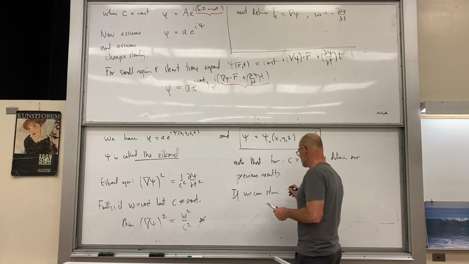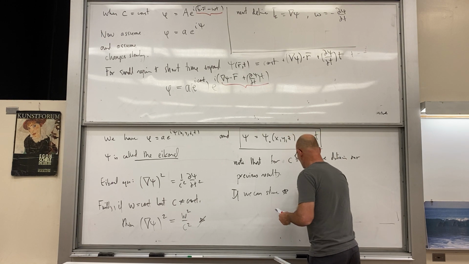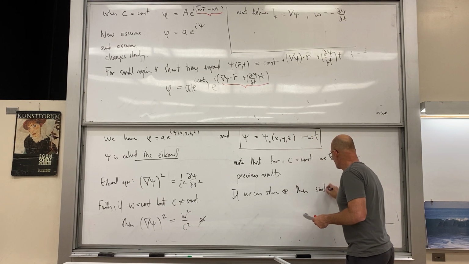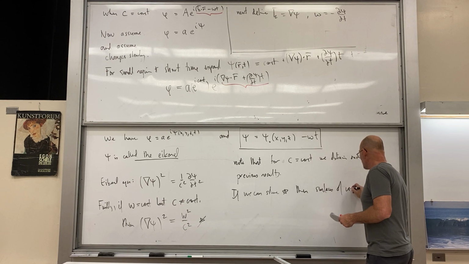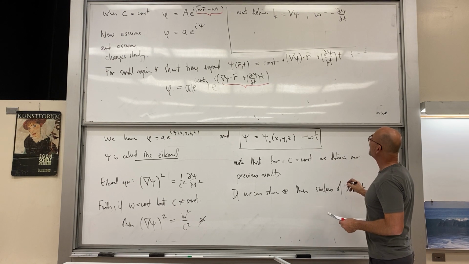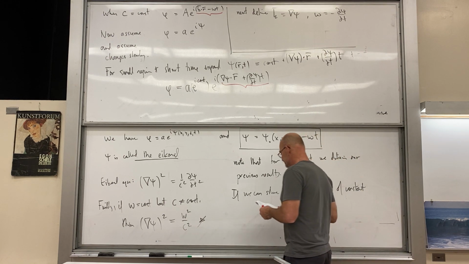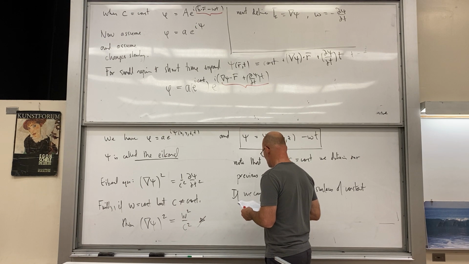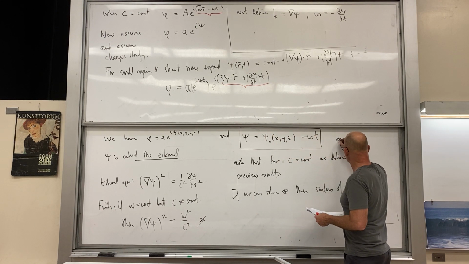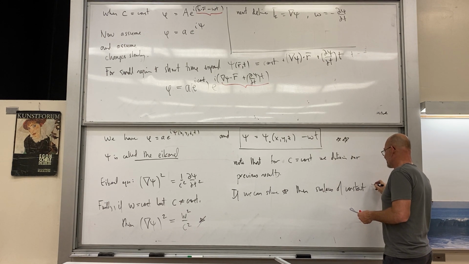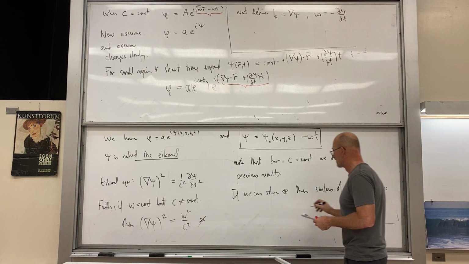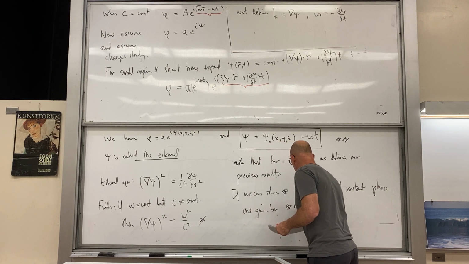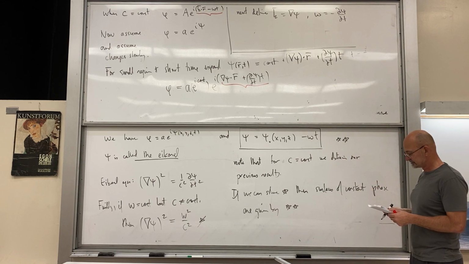If we can solve the eikonal equation, then the surfaces of constant phase are just what we had before in our ansatz up there, given by this ansatz right here.